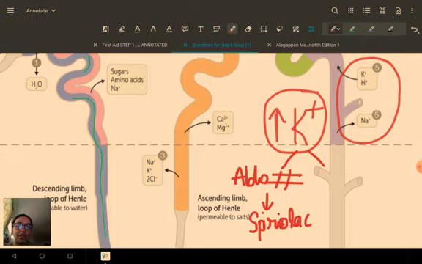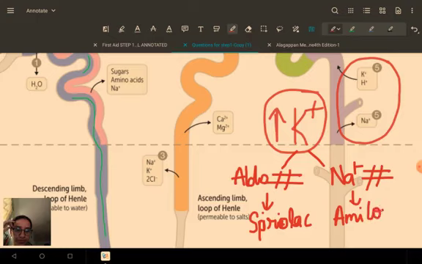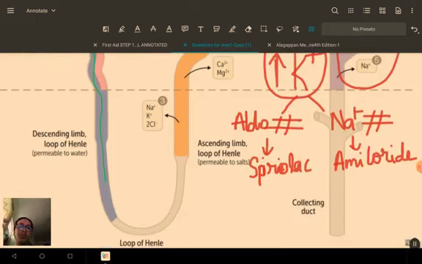The other one is the epithelial sodium channel inhibitors, for example, amiloride and triamterene. These are the two groups of drugs that we see which are potassium sparing. One is aldosterone antagonist and the other is the sodium channel blockers in the collecting duct.